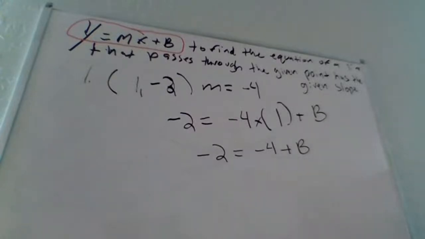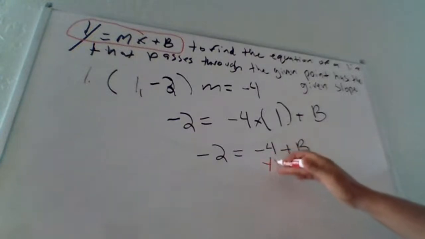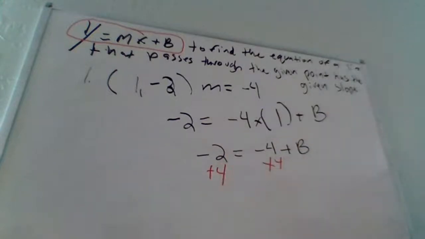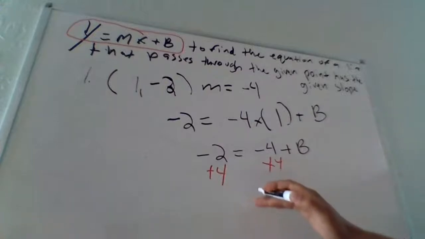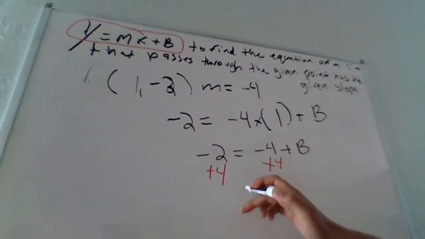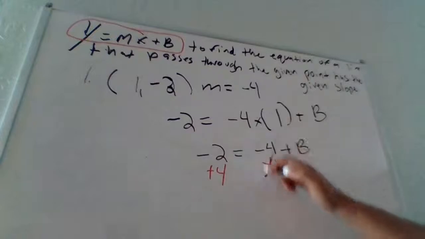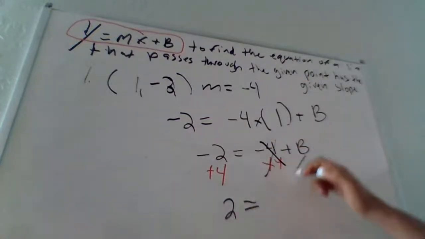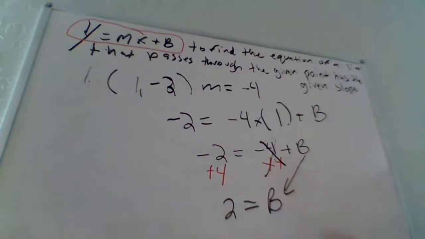We add 4 to both sides to eliminate the -4. And what's that going to give us? Now we got b equals 2. So we bring down our b: 2 equals b.